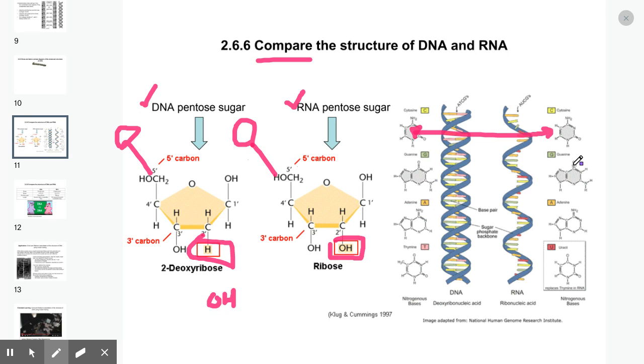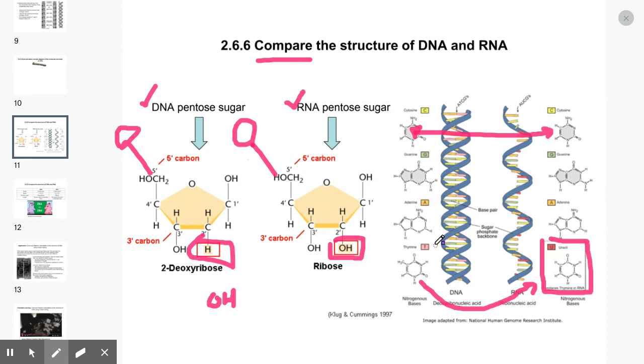They both have guanine, and they both have adenine. So those three bases, they have the same. However, the difference with RNA, instead of having thymine, it's replaced with this other type of nitrogenous base called uracil. So that would be a difference.